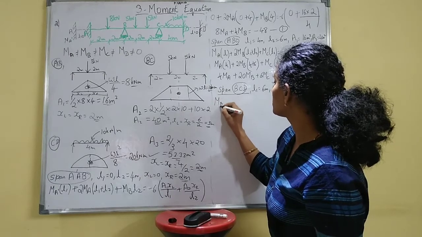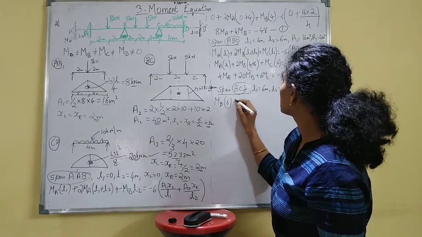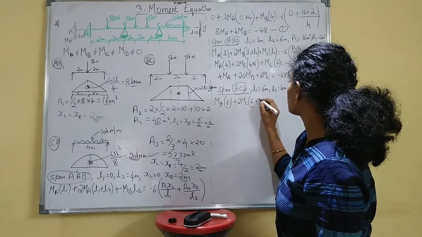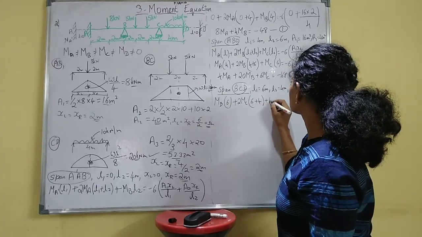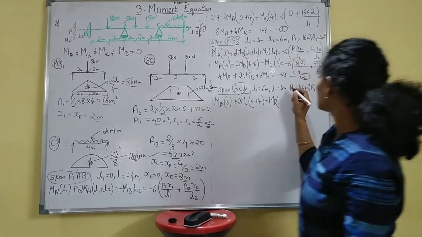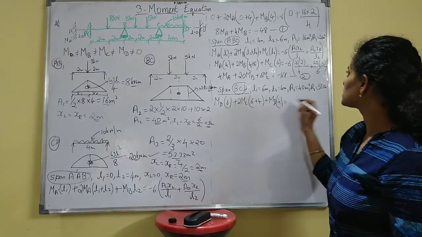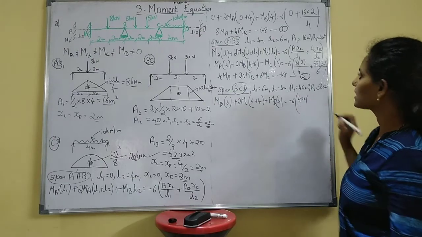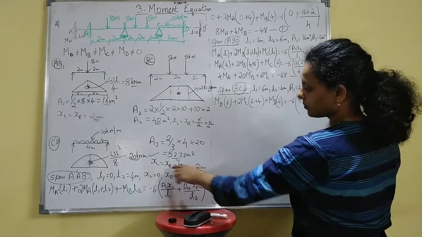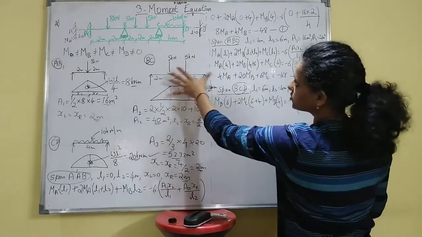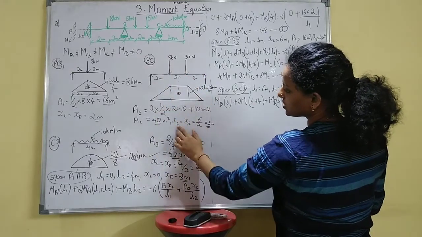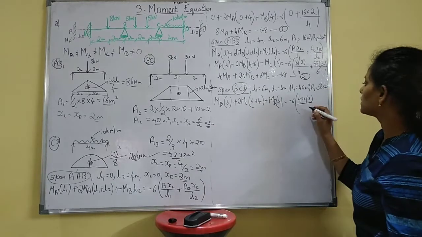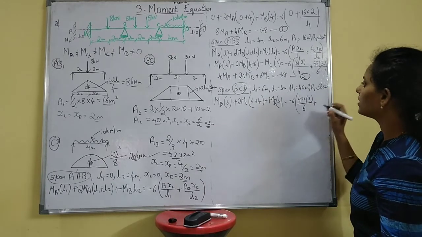So MB into L1, that is 6, plus 2MC into 6 plus 4, plus MD into L2, that is 4, which is equal to minus 6 times 40 into XL. XL is how much? For this span BC, just see the XL. XL is 3 and the distance is 6, L1.